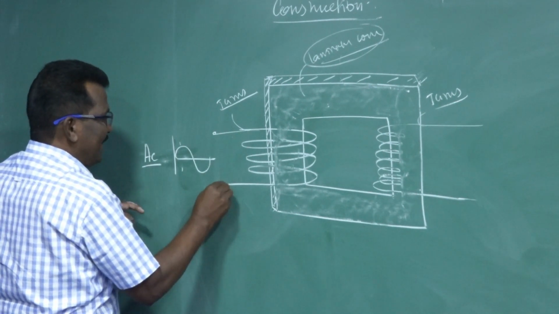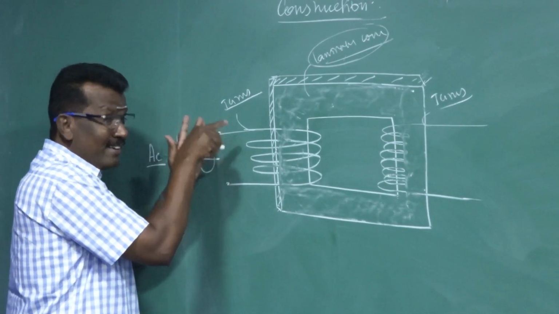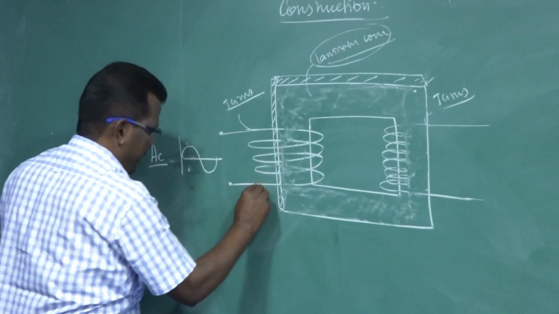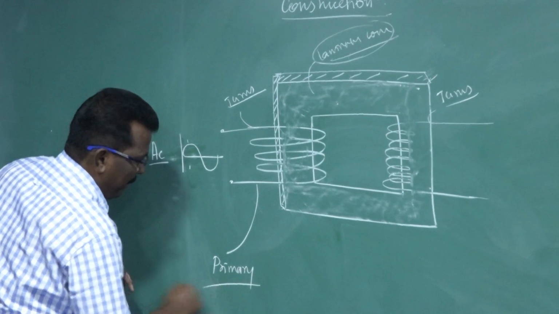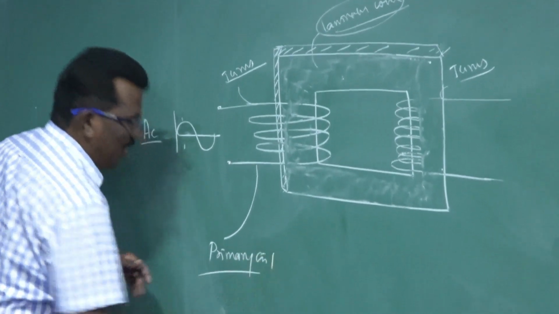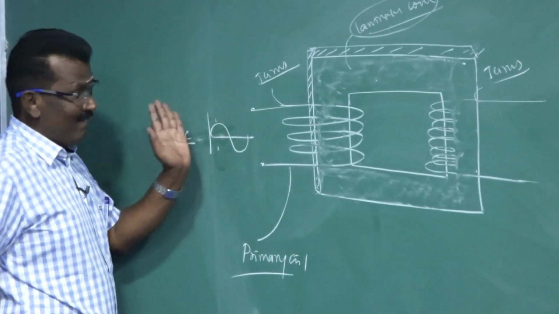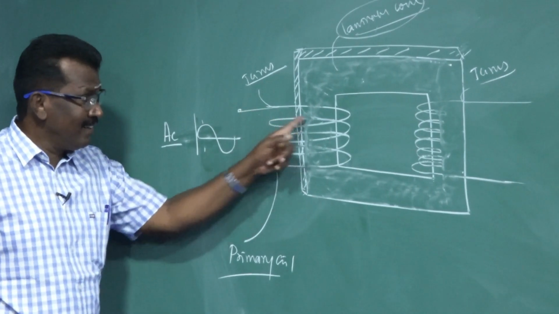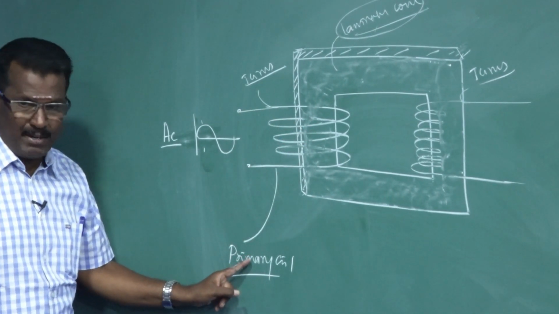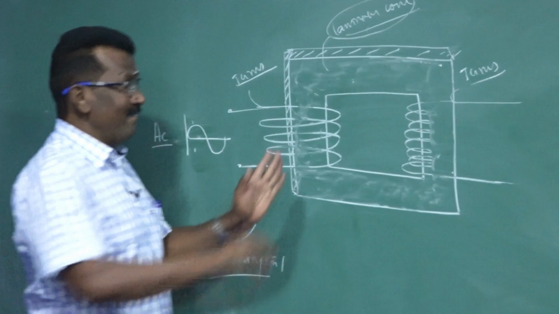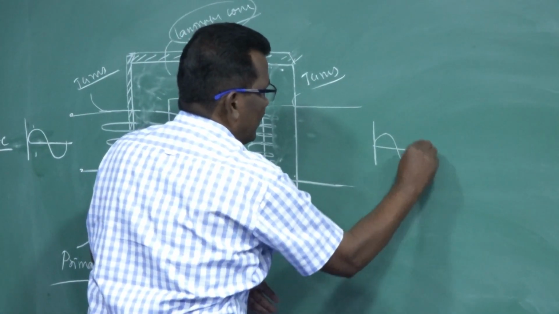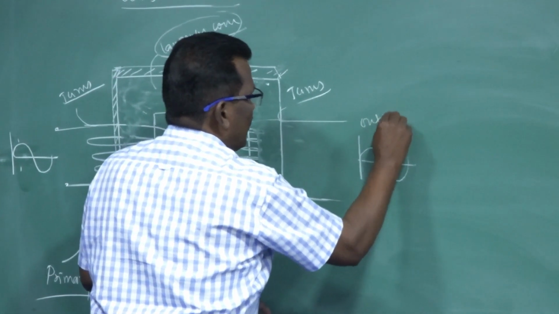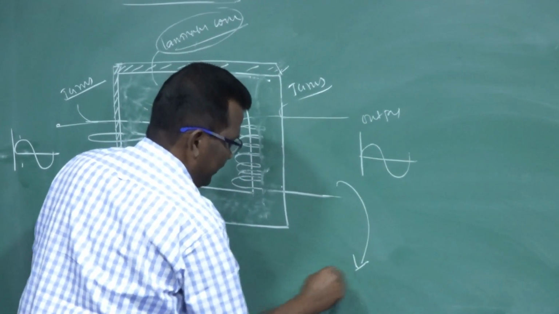Where the input is given, that terminal is called the primary coil or primary turns. Where the output is taken, it is the secondary coil or secondary turns.